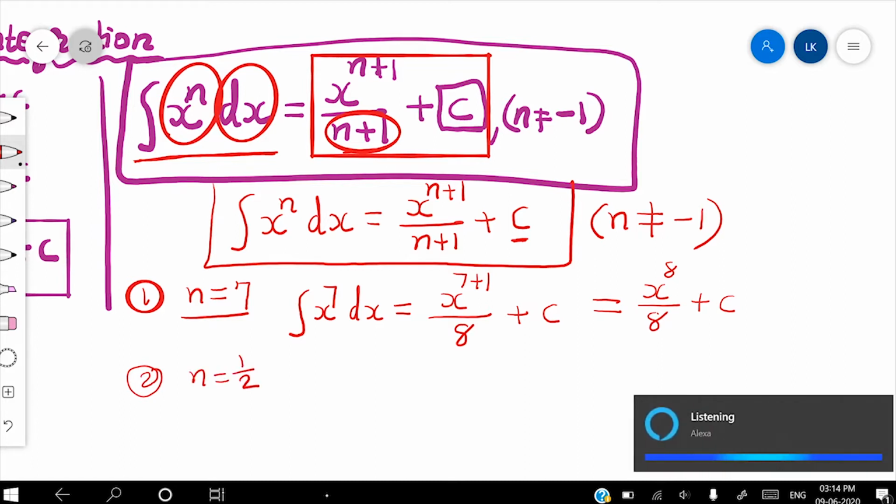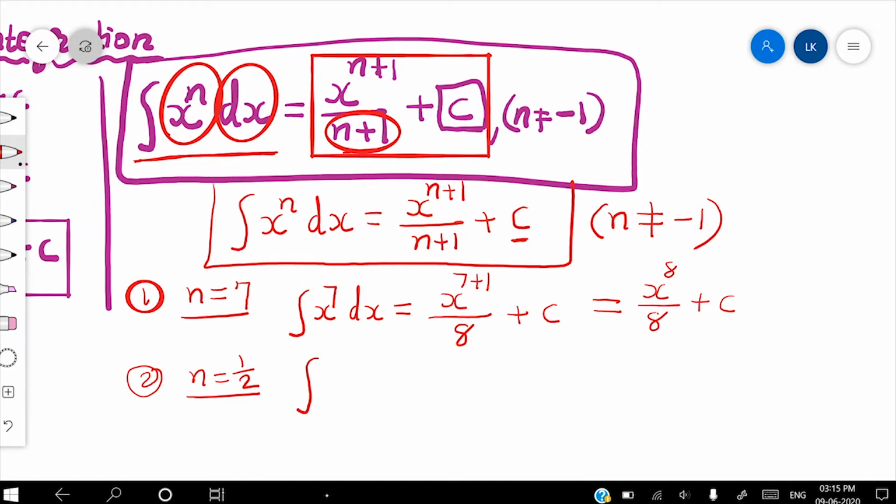Another example. If we take n equal to half in the same formula, then what happens? Integral x raised to half, also you can say root x dx. Okay, suppose you are given this form and simplify it.